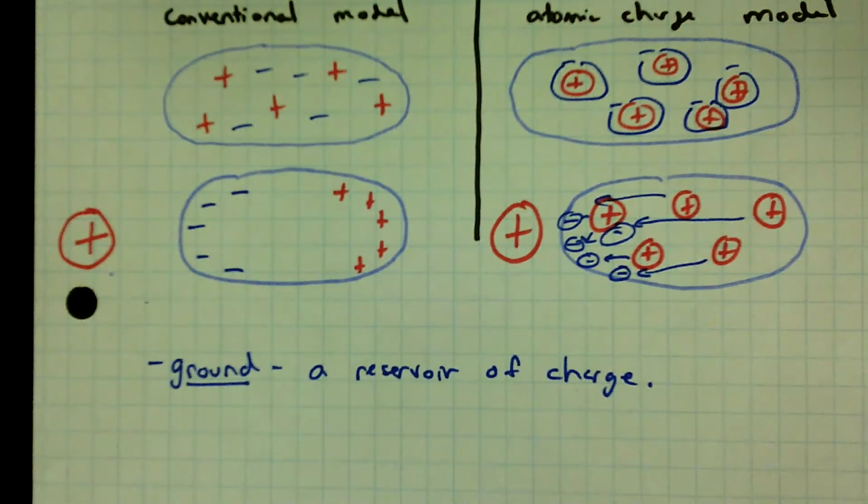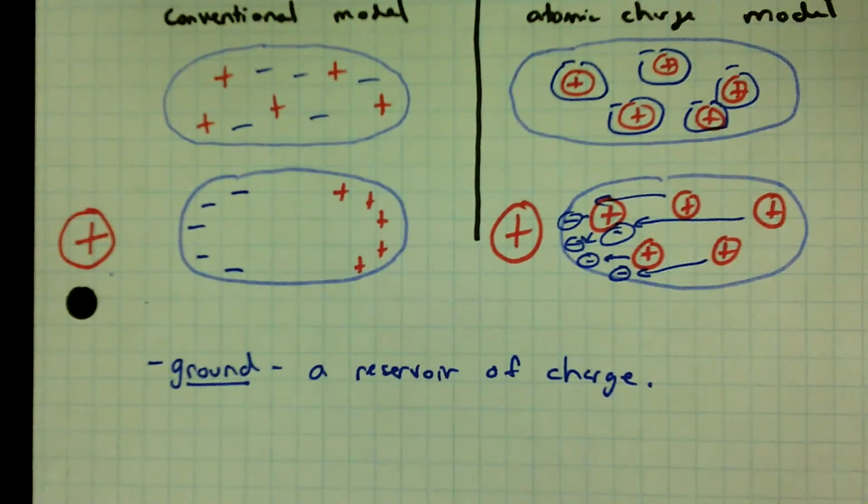They want to move away from each other, and they want to get to the ground. Okay, so the idea is, let's say the Van de Graaff generator has a positive charge. Let's think about this in terms of conventional charge for a second. If you touch it and you get a bunch of positive charges on you, positive charges want to repel each other, so they want to get as far apart from each other as possible.